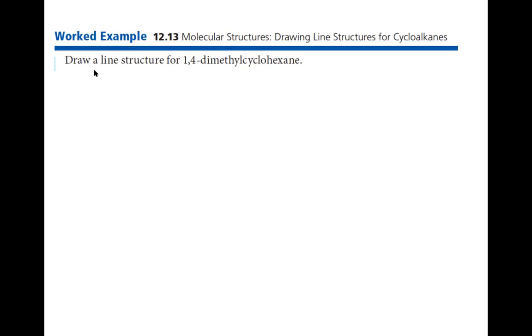1,4-dimethylcyclohexane. It's always easiest to start with the parent. Cyclohexane means we have a 6 carbon ring.